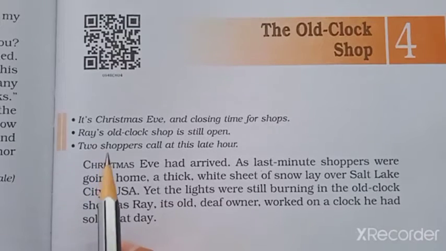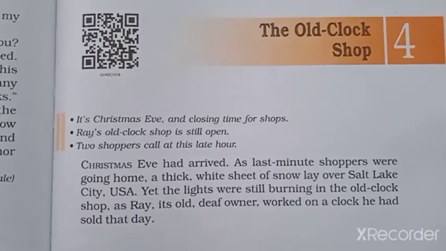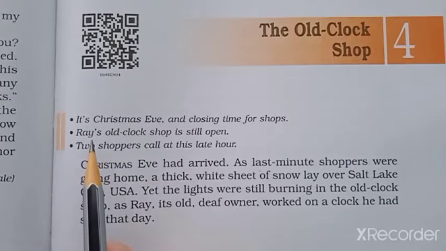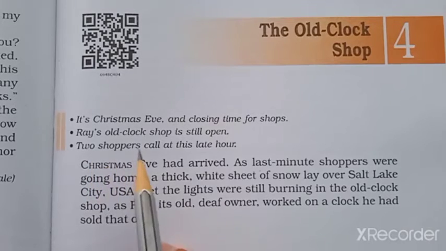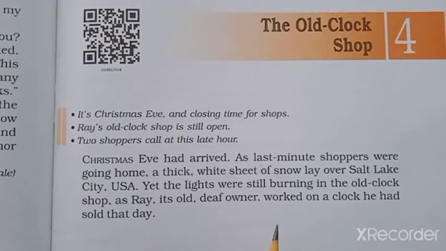Say in this first part you will find that the owner of the old clock shop, Mr. Ray, was a deaf person. Deaf means a person who cannot hear any sound or any kind of voice. So now let's read the story, The Old Clock Shop.